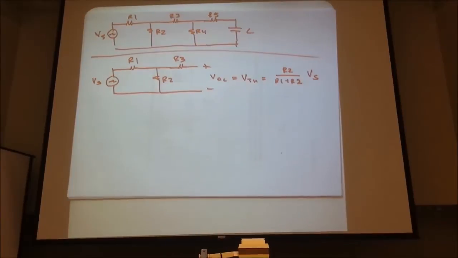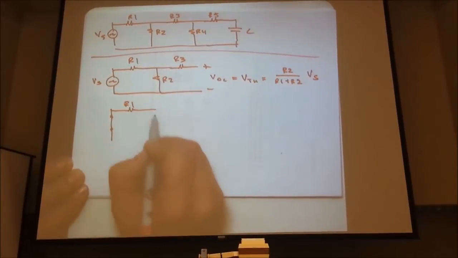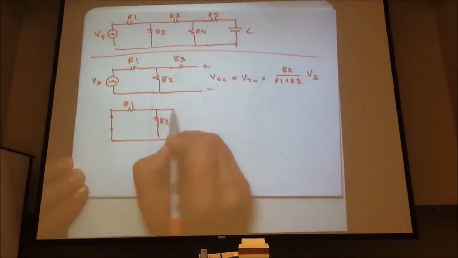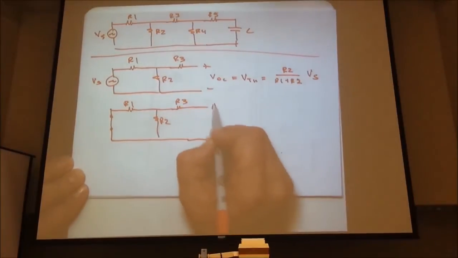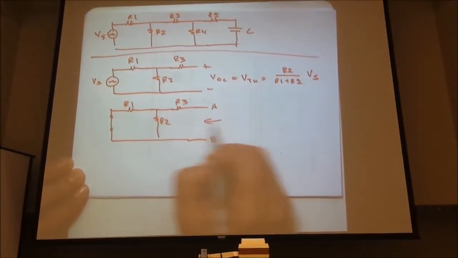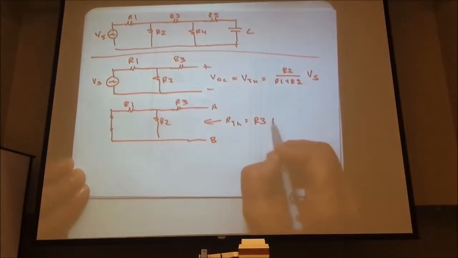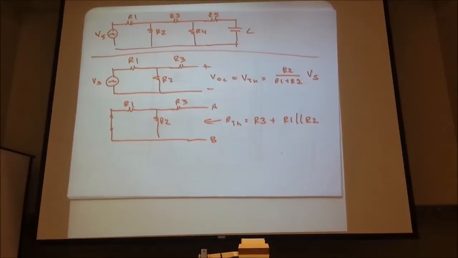We've done this problem a number of times before. And we can look at the R Thevenin circuit. And again, I tend to label my nodes for no reason. We're looking at R Thevenin looking in, and that's R3 plus R1 in parallel with R2, which again is some number. And now we're done.